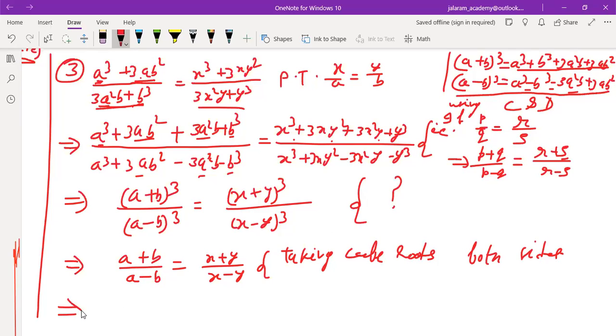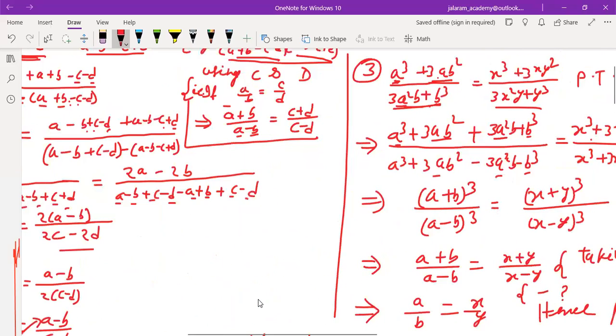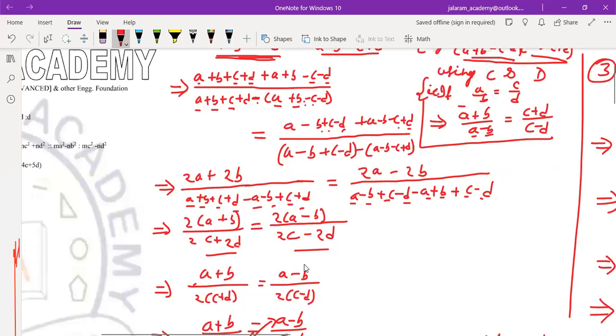Now again, if we use componendo and dividendo, we can easily prove that a by b equals x by y, which we have proved in the previous question also. So don't write it directly, but use componendo and dividendo like in this question.